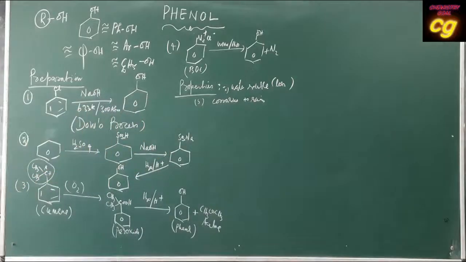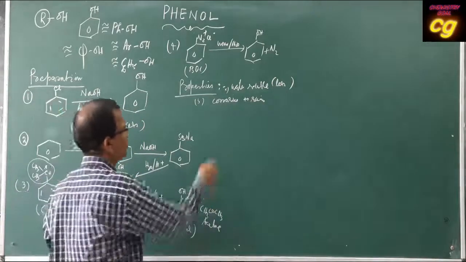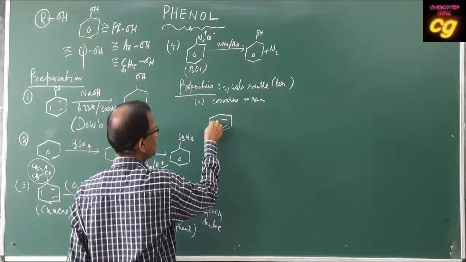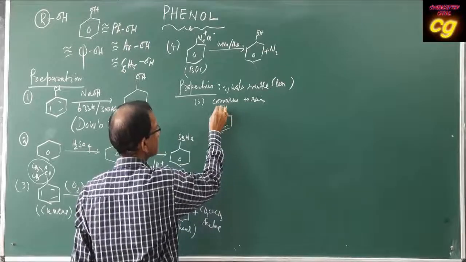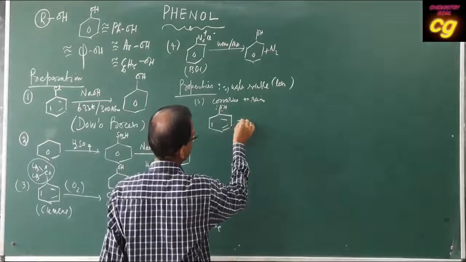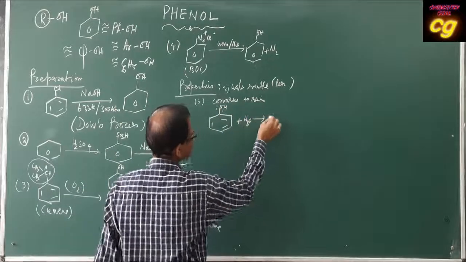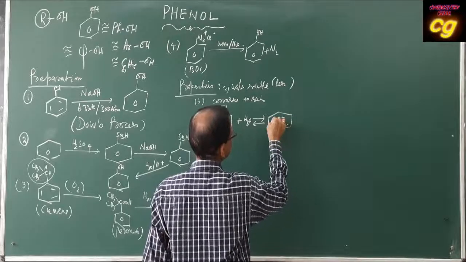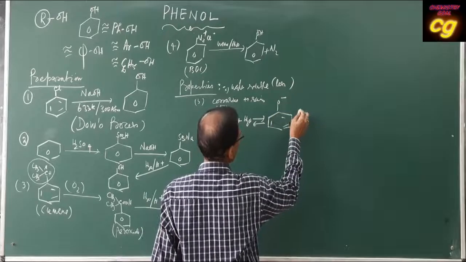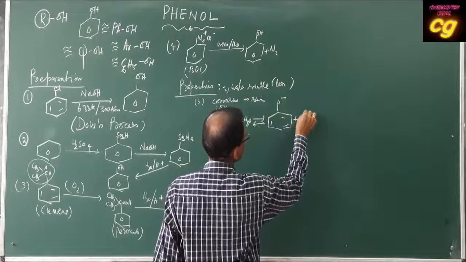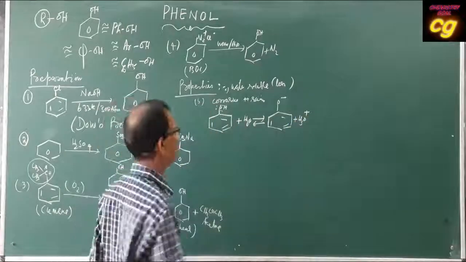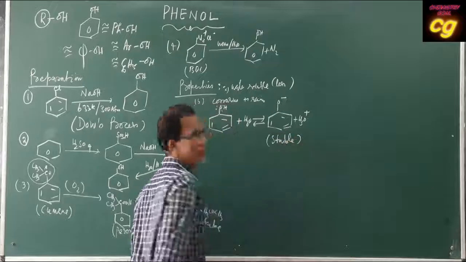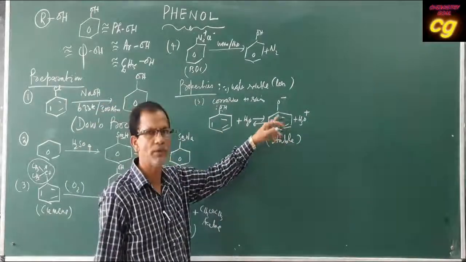It is acidic in nature, mainly acidic, because you see why phenol is an acid. If you see the resonance structure of phenol, in presence of water it will produce the phenolate ion plus H3O+, and this phenolate ion is stabilized by resonance.